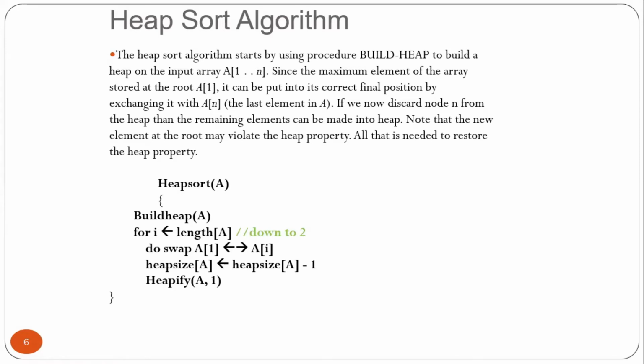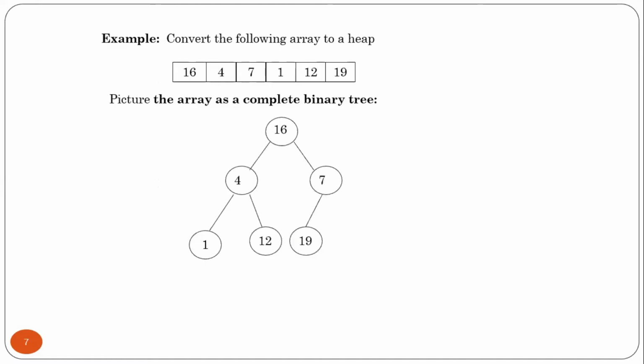Fine. And when we have heapified the third node, then it will be decremented by 1. Then we will go to the second node. Fine. And when we remove the element in order to get the sorted list, then the heap size would be reduced by 1. So we'll have a look at the example.